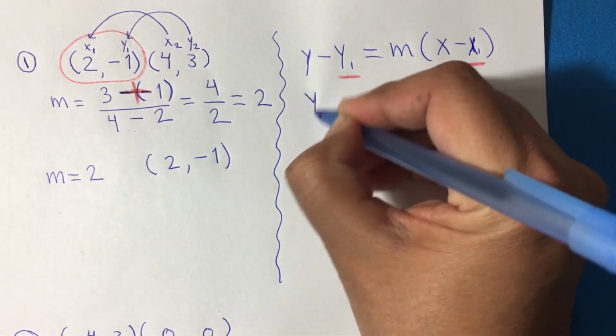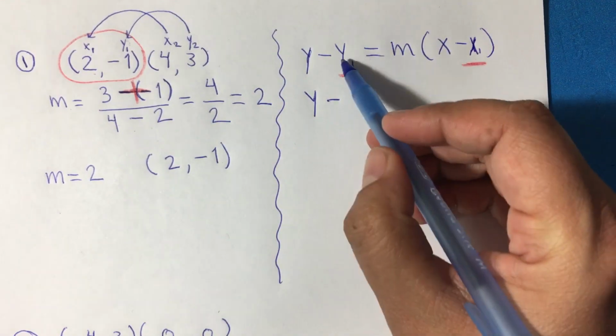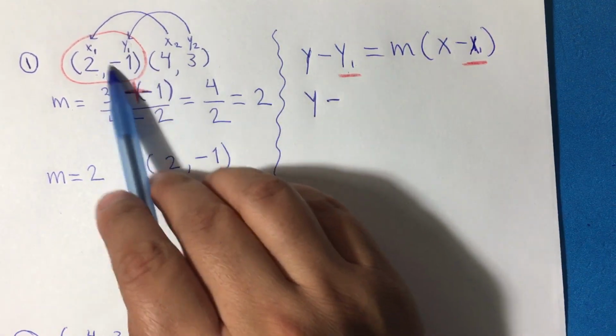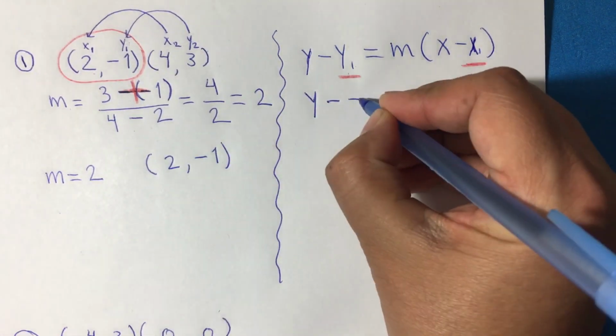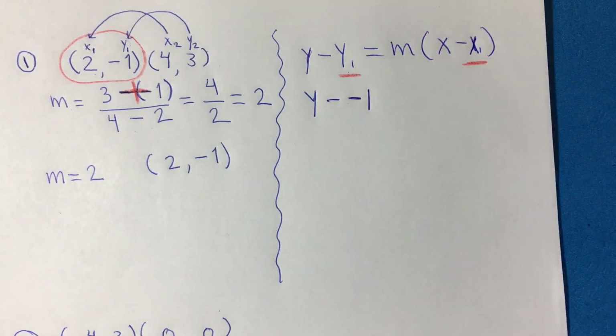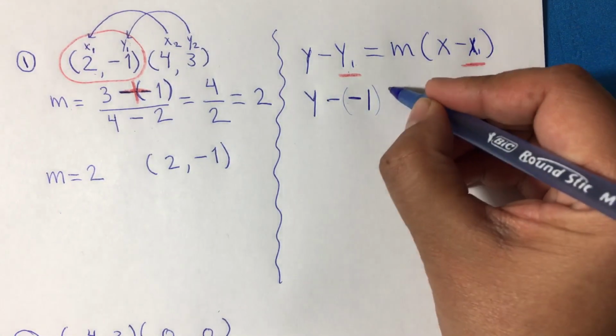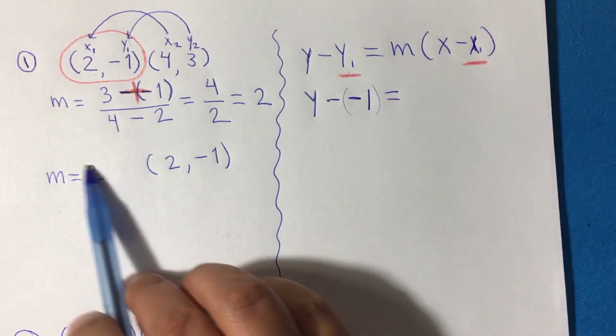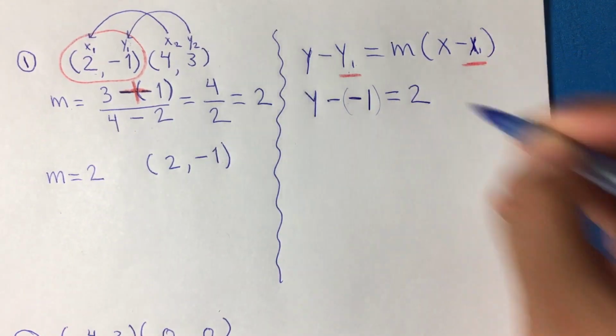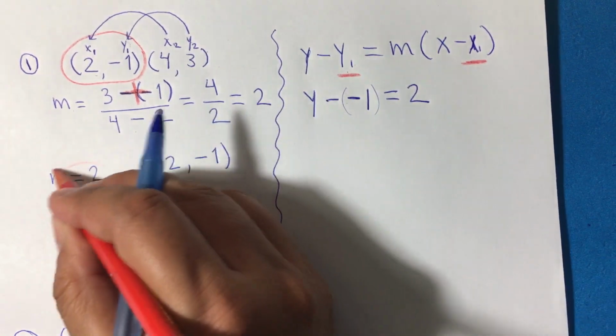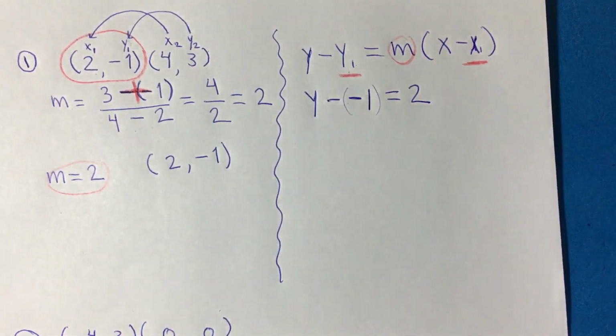So it's going to be y minus the y1, which is this one right here, -1. Remember that some teachers or professors prefer to have that parenthesis in here. The slope is 2. Okay, that's m right there. We're going to substitute the slope in there.